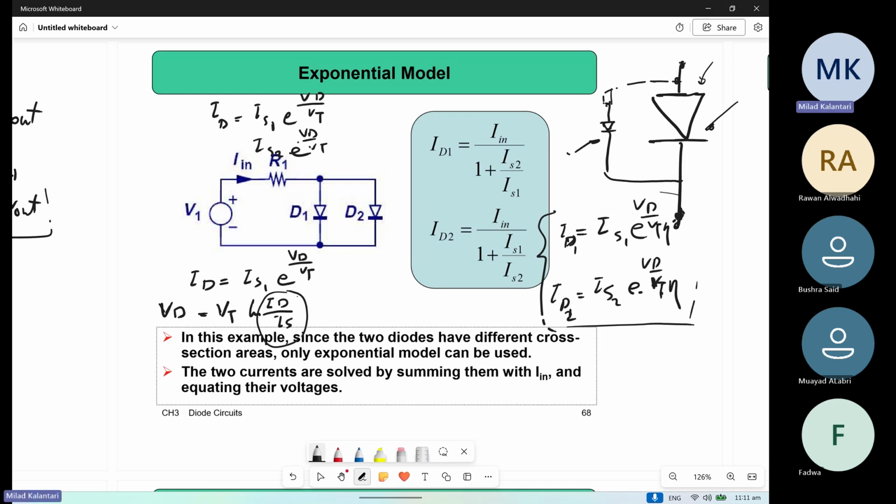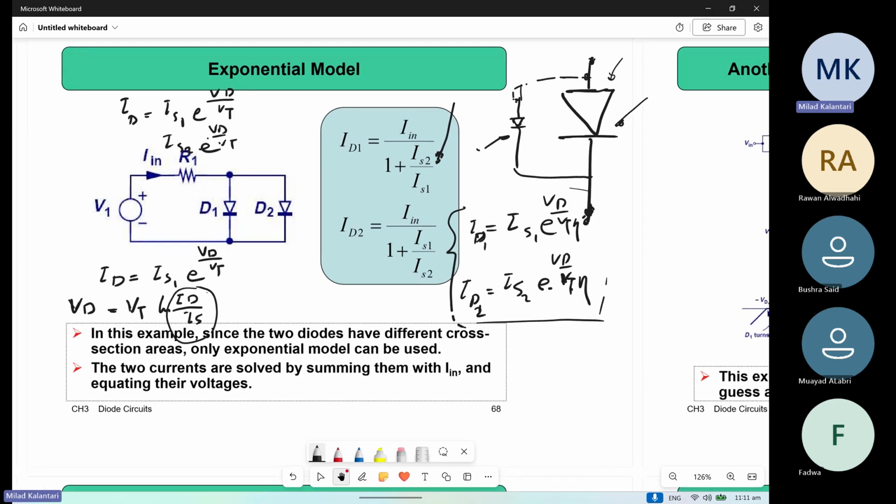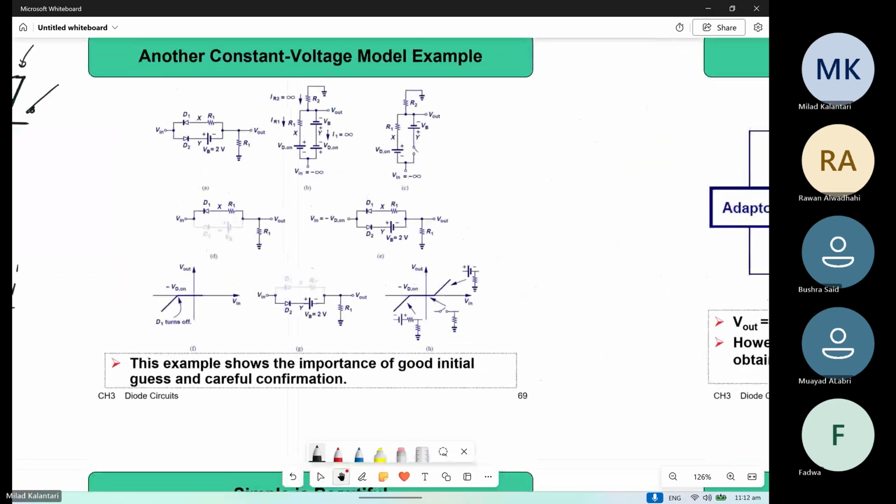What it's trying to say is that since VD is the same, the current of each diode is proportional to the IS of each diode. So in a certain region you need to be more accurate.